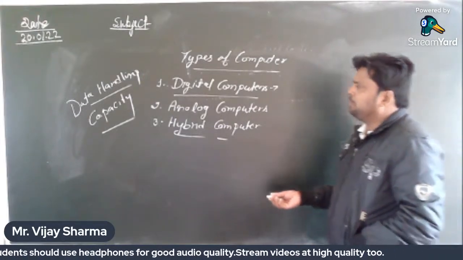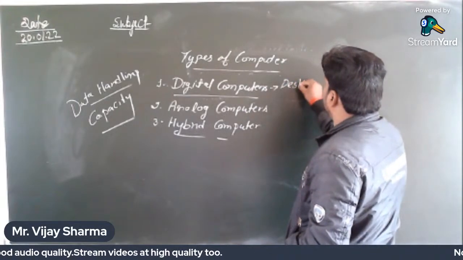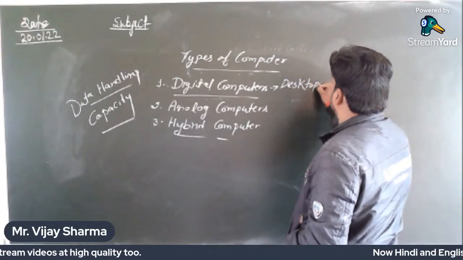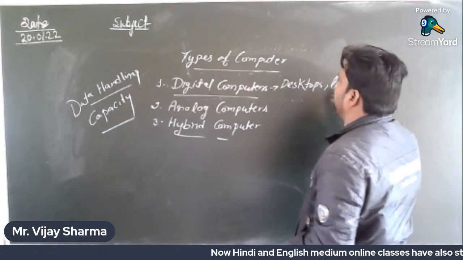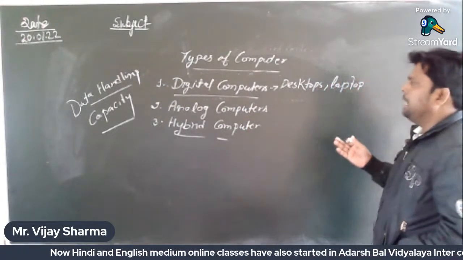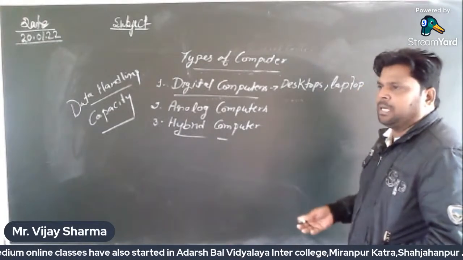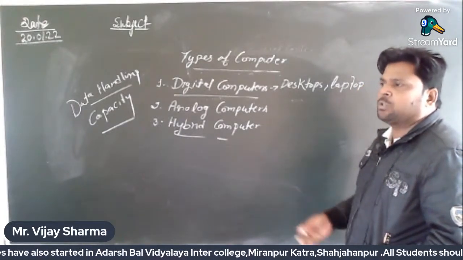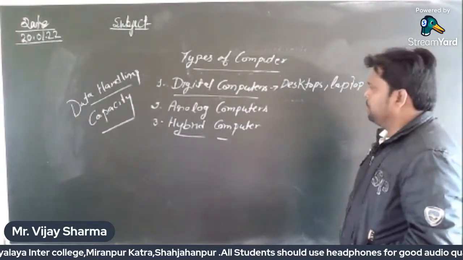With the help of a digital computer, we can input any type of data, like words and numbers, do calculations, and make logical statements. So this is called a digital computer.